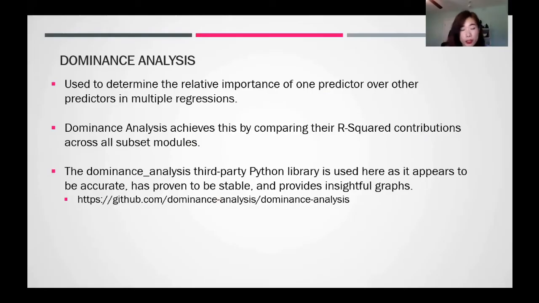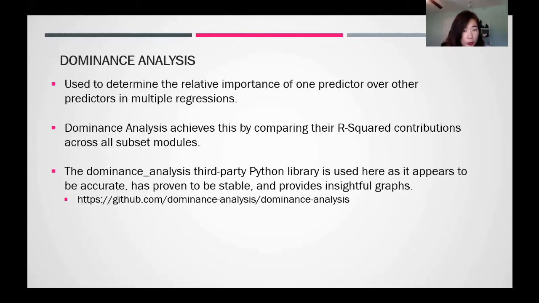Dominant analysis will now apply to our data set. Dominant analysis aims to identify the variables, otherwise known as predictors, that have the most importance in determining the final classification of observations in multiple regressions.